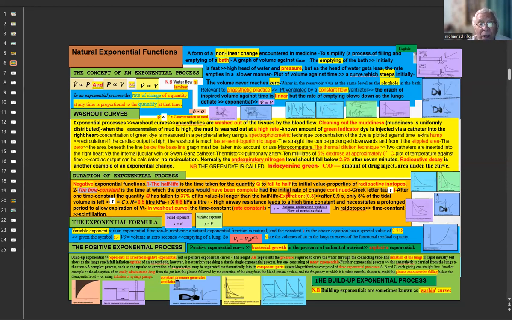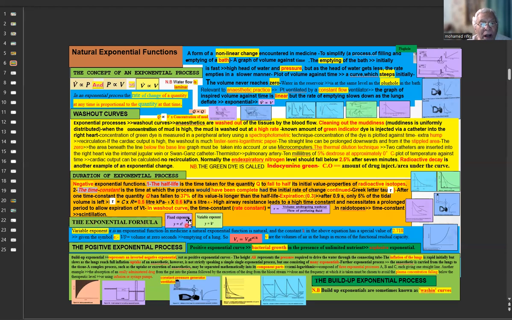Of course, the time constant of a washout curve can be estimated by dividing the area under the washout curve by the flow of perfusion fluid. The decay of radioisotopes can also be estimated through the washout technique by scintillation.